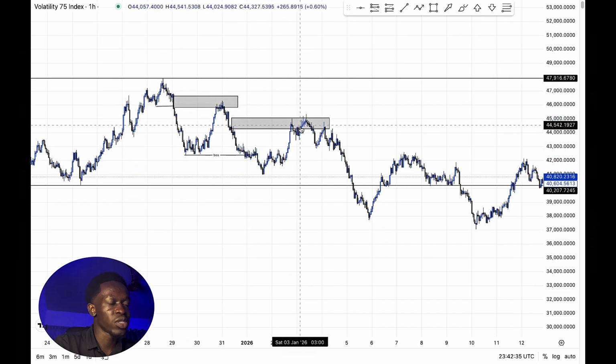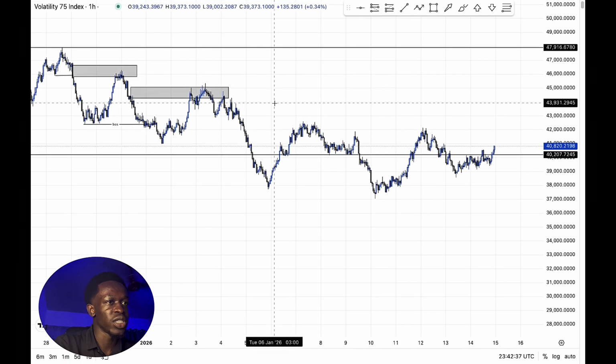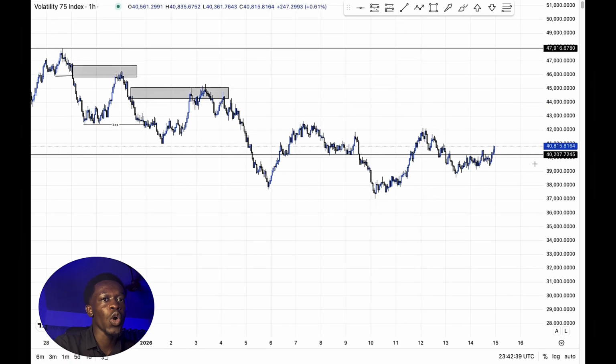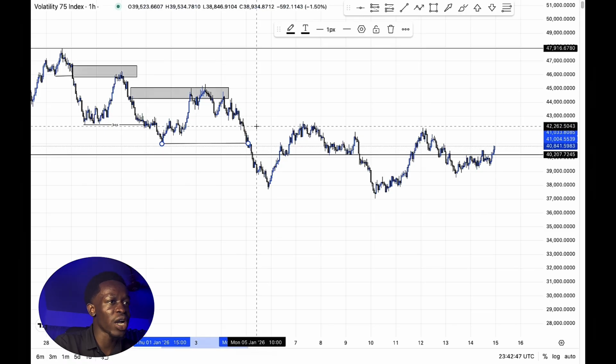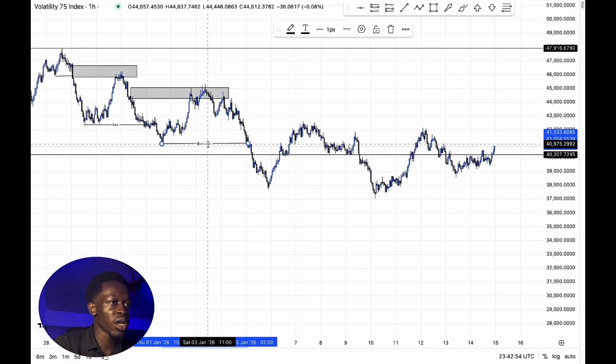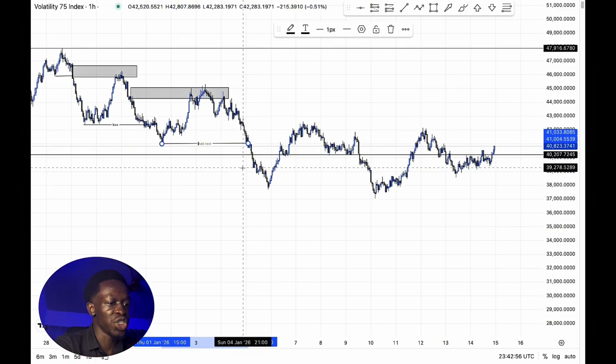So you can see we have gotten one entry, another entry, then the third entry where I was able to catch. I now got a clean breakout structure again. For every breakout structure in V75, there's always a retracement. So that retracement now, we're going to take advantage of it.